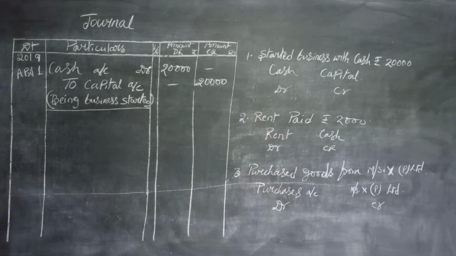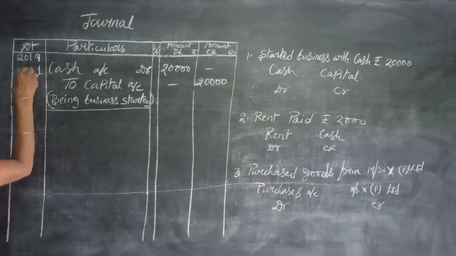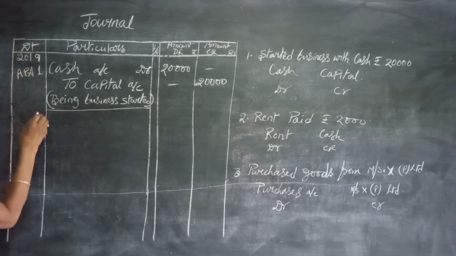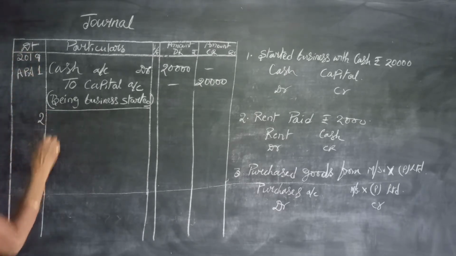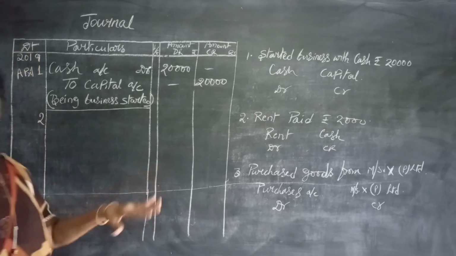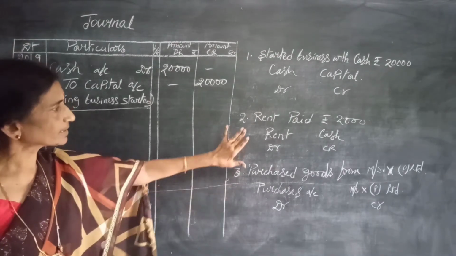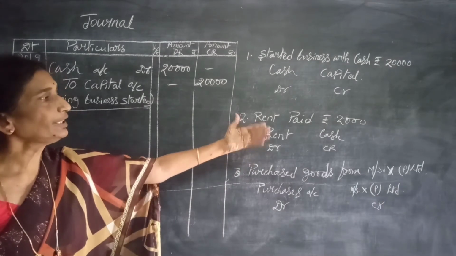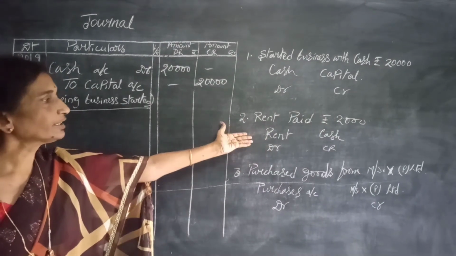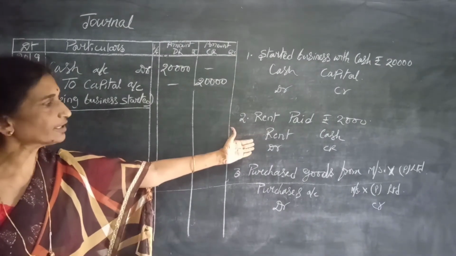On the same date or on 2nd April, suppose rent paid rupees 200. Here there is no need to write again and again the year and the month. Two accounts are involved. We have seen that at least two accounts are involved in each and every transaction. Rent account, and paid means cash account. Rent account is an expense, and all expenses are debited.